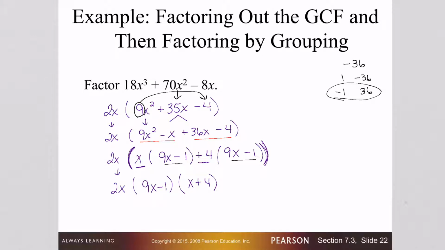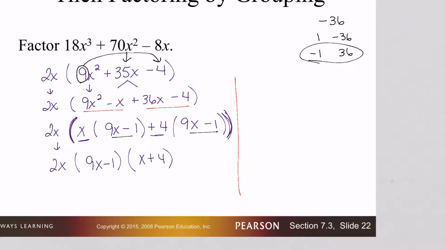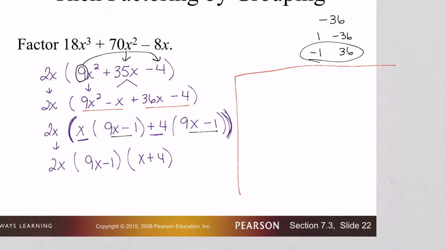So what I would do, let me try to create a little bit of space here. Okay, so I've got 2x times 9x minus 1 times x plus 4. And I want to see if it ends up being this original problem up here. Okay, so the first thing I would do is I would distribute 2x times 9x and 2x times negative 1.